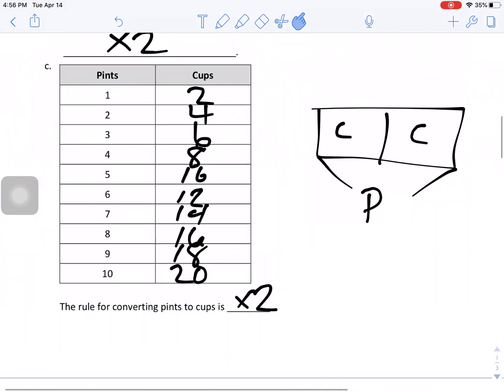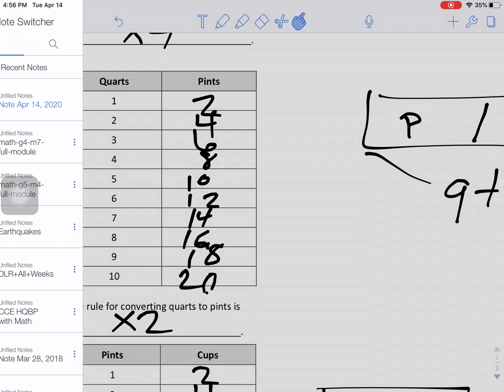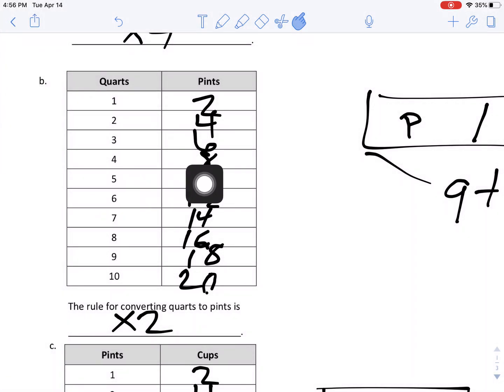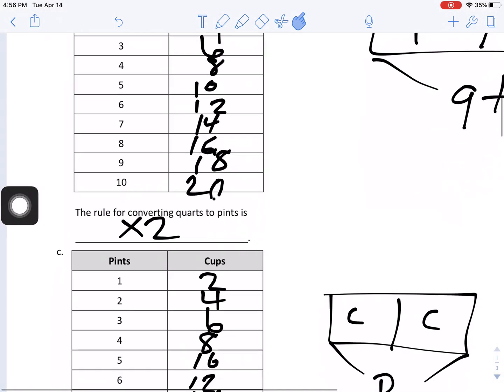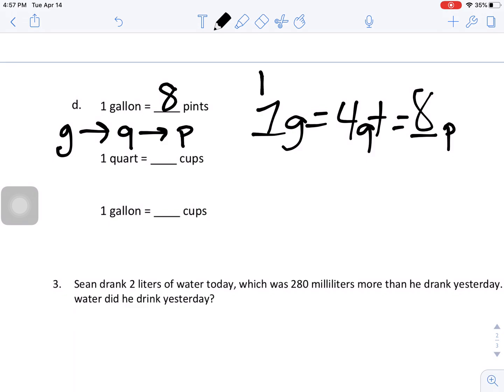So I come back up to my quarts to pints conversion chart, and I had 4 quarts, and that makes 8 pints. So 1 gallon is 8 pints. Another way I could do this is with multiplication. So I know that 1 gallon has 4 quarts. So 1 times 1 gallon of 4 quarts would be 4.